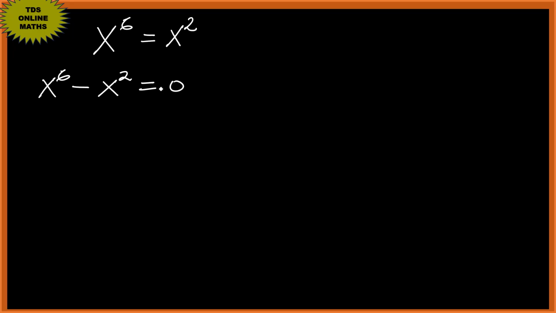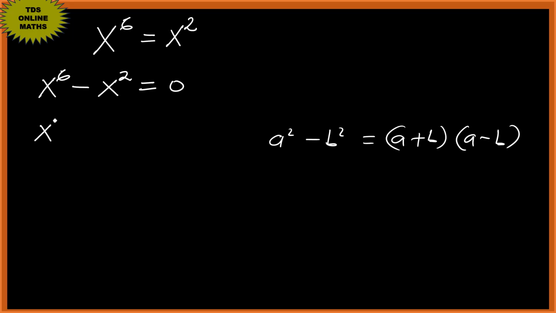Okay, now we can choose to take x squared out, or we can adjust this one and make it a difference of 2 squares. Since a squared minus b squared is the same as a plus b times a minus b, we can write this as x to the power 3, all squared, minus x squared equal to 0.